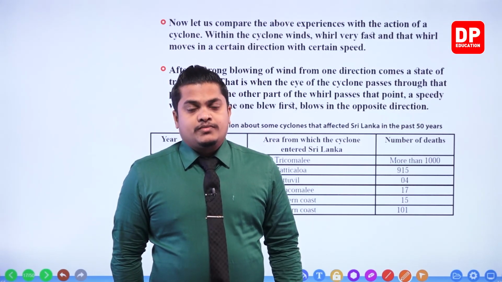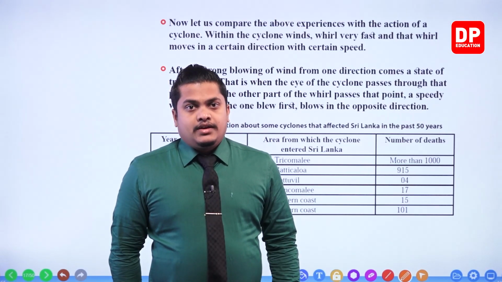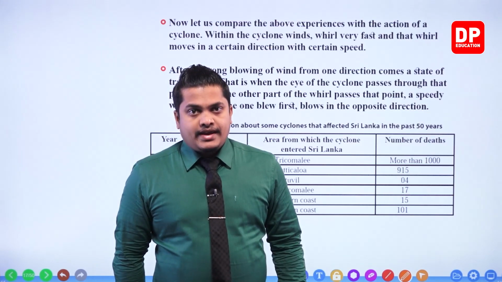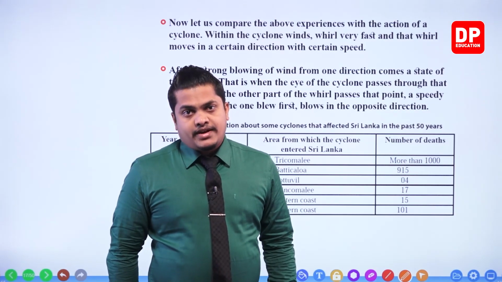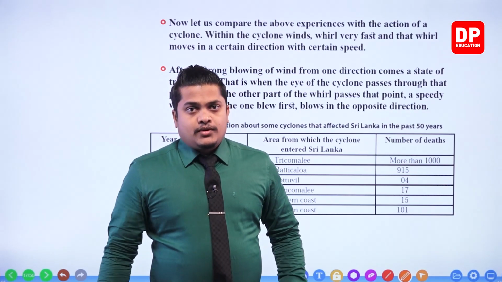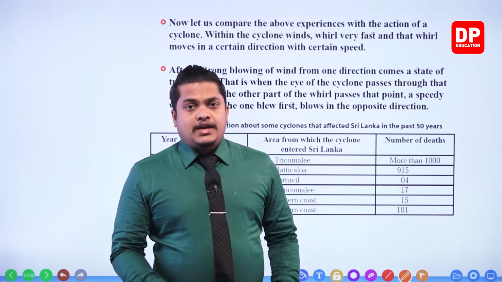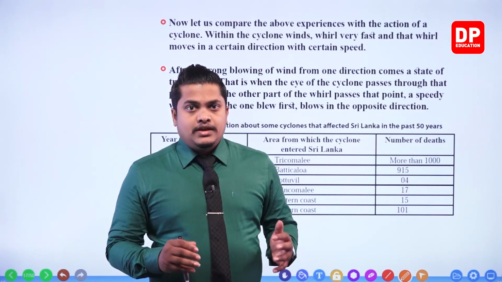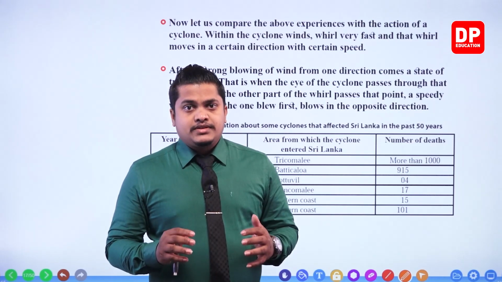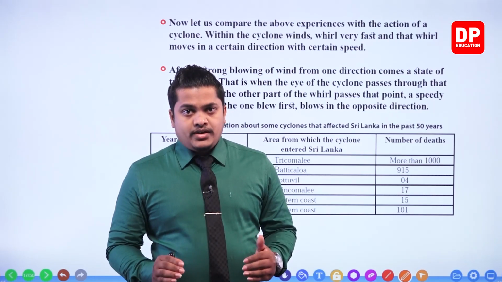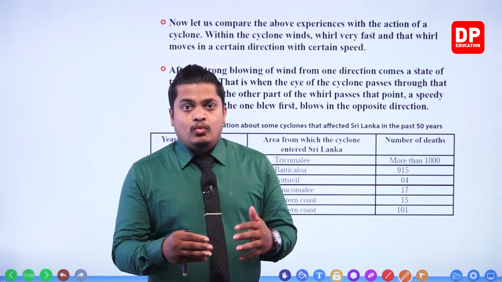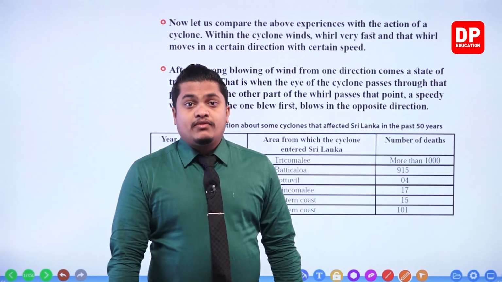It's mainly because, my dear children, the eye of the cyclone does not carry heavy winds or heavy rain. So when you come across a cyclone, there is a certain time period in which the wind and the rain are reduced for a while. Once again, then what will happen?